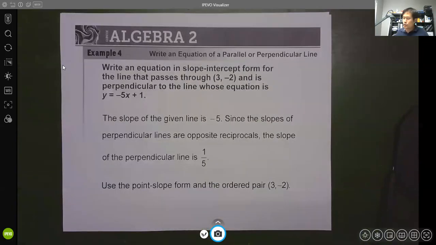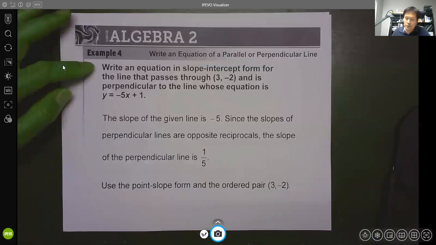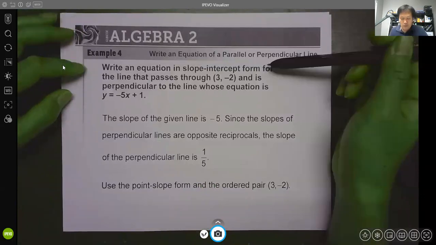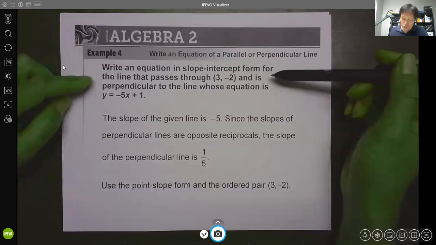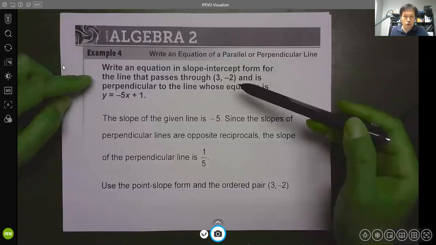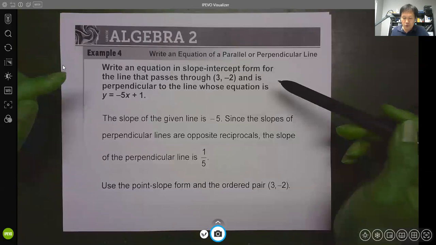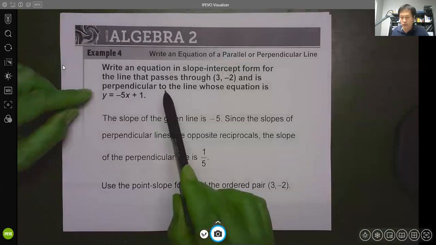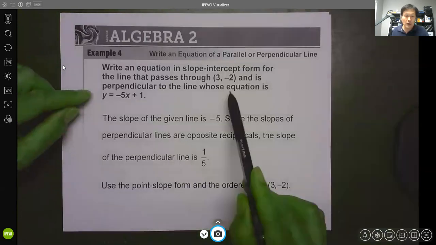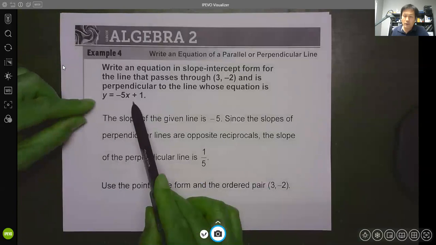So a question you will have to deal with will look something like this. Write an equation in slope-intercept form for the line that passes through (3, -2) and is perpendicular to the line whose equation is y = -5x + 1.